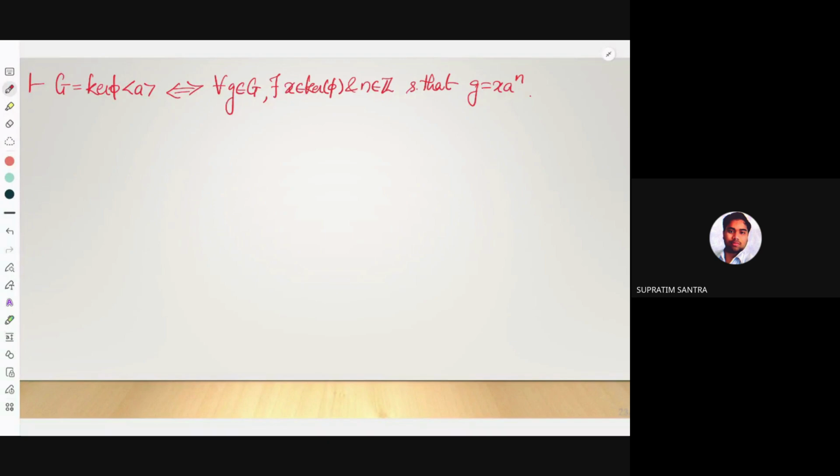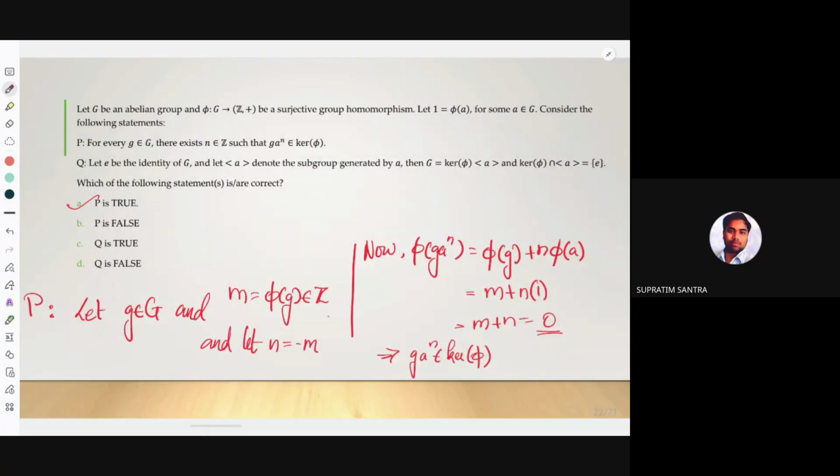So now let g belong to G. We know g a power n belongs to kernel of phi for some integer n. How did we get this? We got this from P and we were able to show P is true.